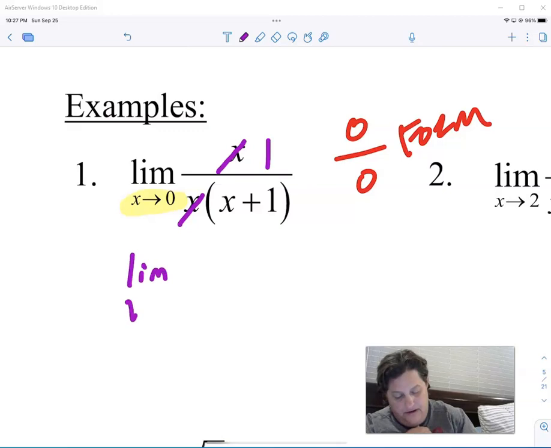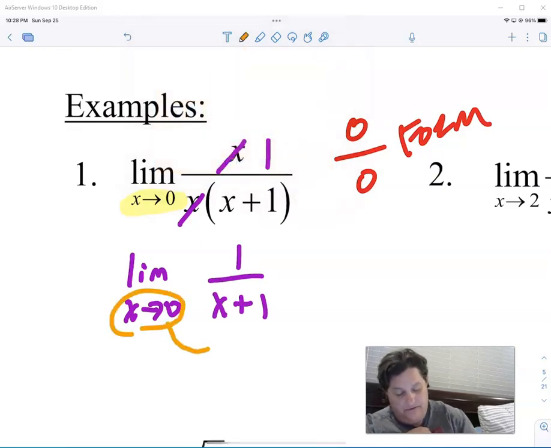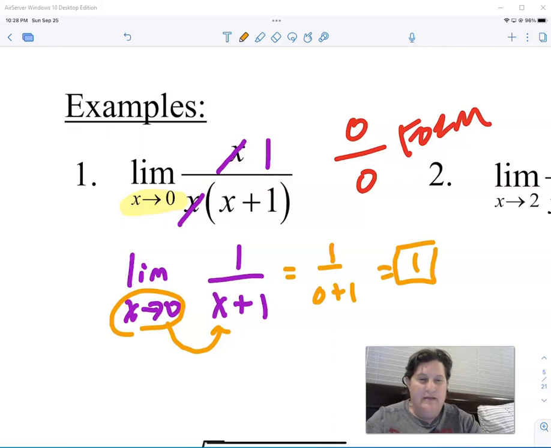I have the limit as x approaches 0 of 1 over x plus 1. If I try to plug that in, I get 1 over 0 plus 1, and I get an answer. This is why this is called indeterminate, because the answer is not actually 0 over 0, and it's not undefined. The answer is 1.